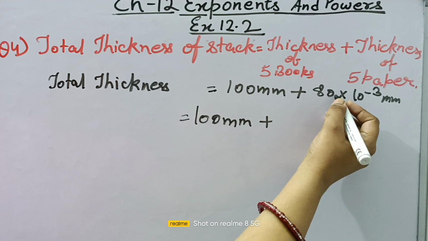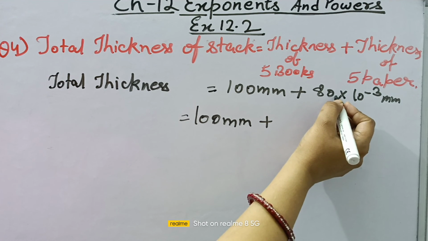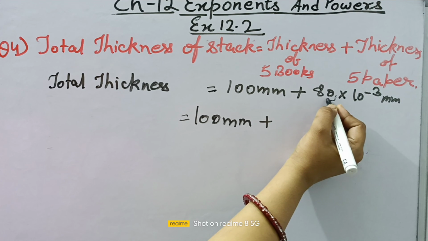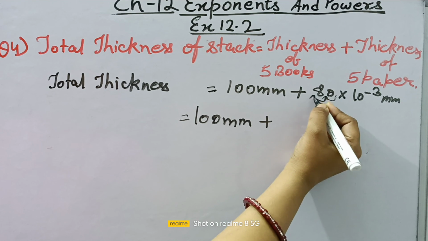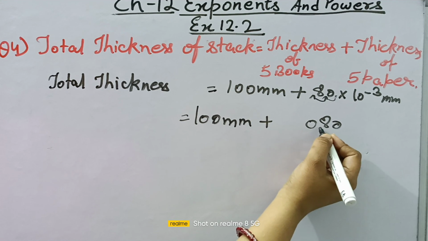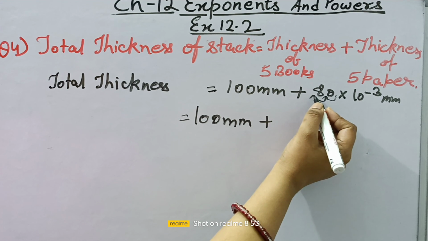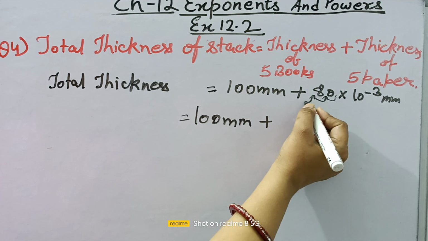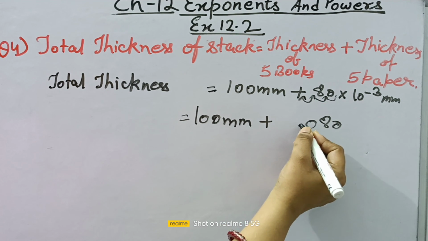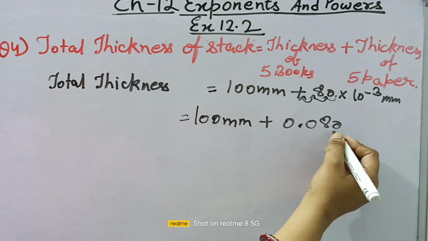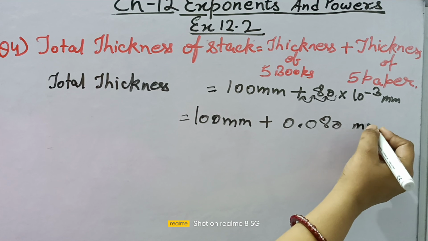We have exponent minus 3, so we will shift it for 3 times. 1, 2, so when it comes here it will become 0, and then we have to shift it for 3 times, that means we will shift again for one more time and then it will come here. So it will become 0.080 mm.